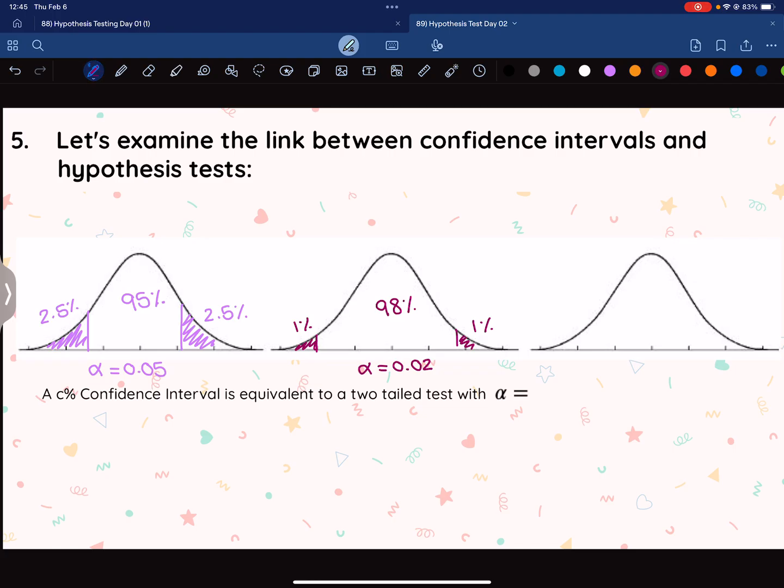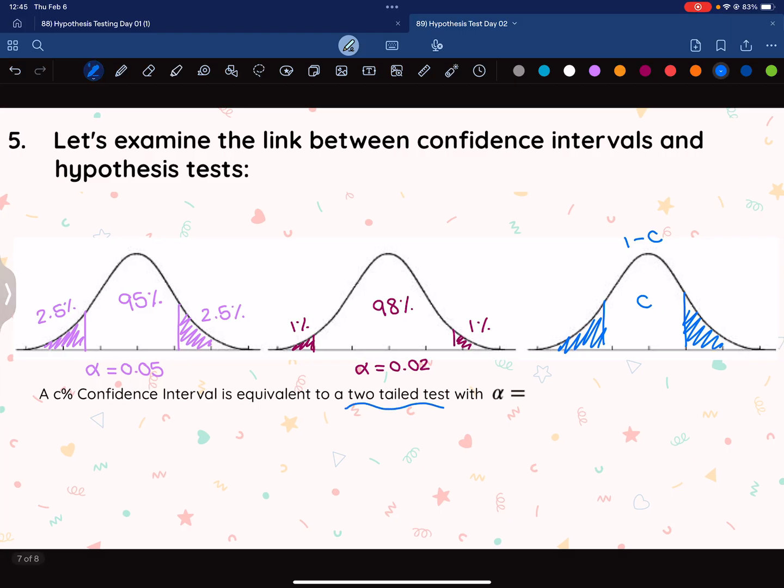So no matter what, it's all connected to the idea of wherever I make this amount, right? That 1 minus C is going to be making up these shades. So if you have a 2-tailed test like I've been showing here, 1 minus C is going to be what my alpha level is. The confidence interval and the hypothesis testing are essentially the same thing, but doing it in different ways and understanding that difference.